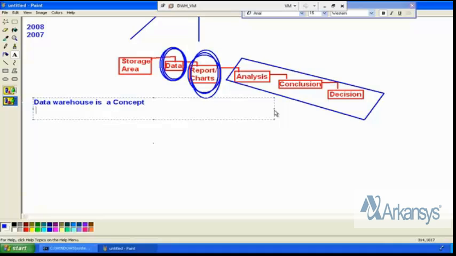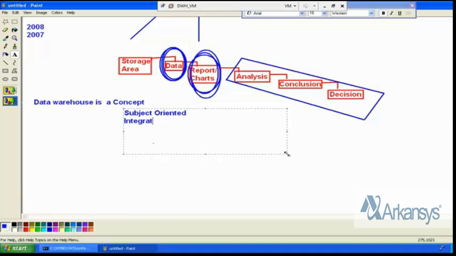So what are those 4 principles? Something called subject oriented, integrated, non-volatile, and time variant. These are the 4 principles you have. It is a concept.